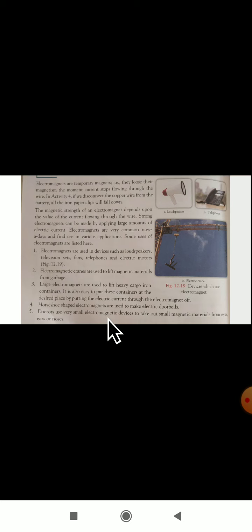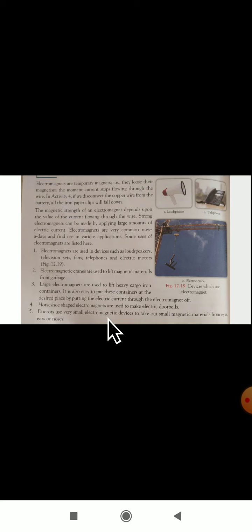Here they have given some of the uses of electromagnets. Electromagnets are used in devices such as loudspeakers, television sets, fans, telephones and electric motors. Electromagnetic cranes are used to lift magnetic materials from garbage.